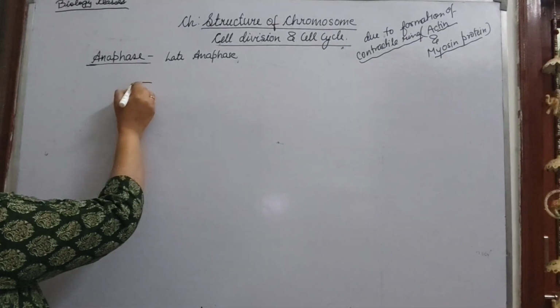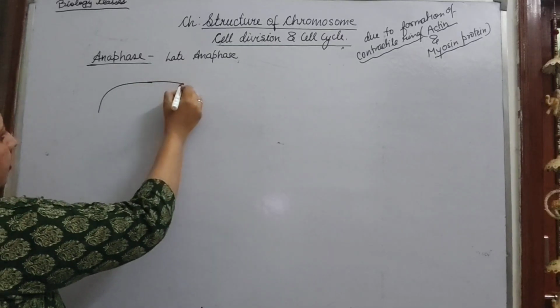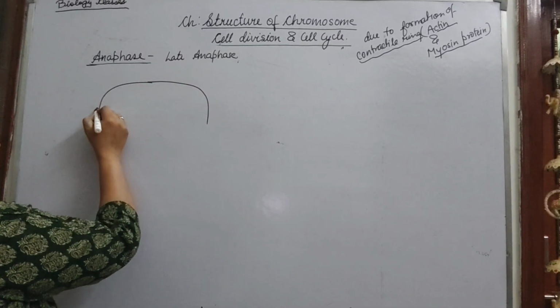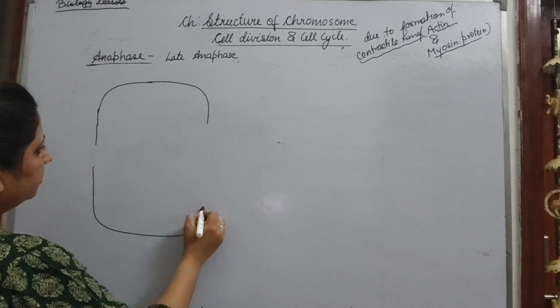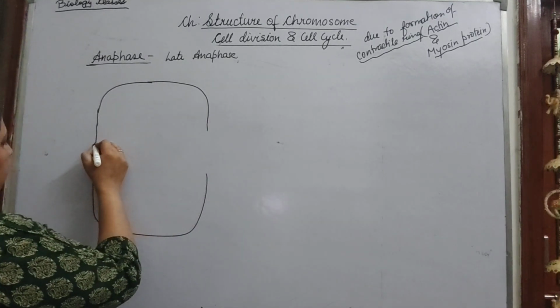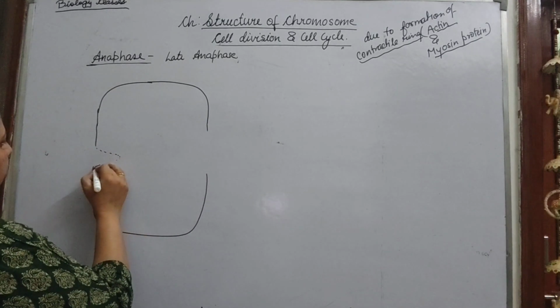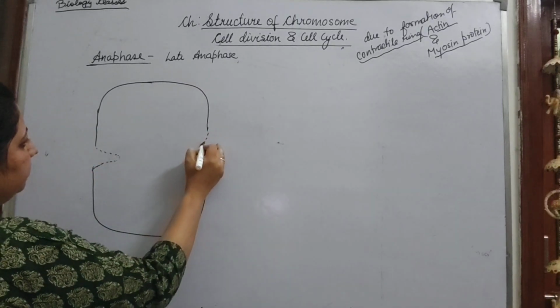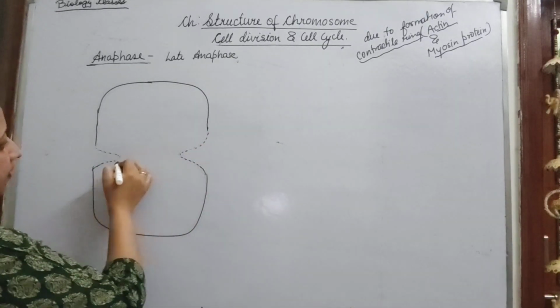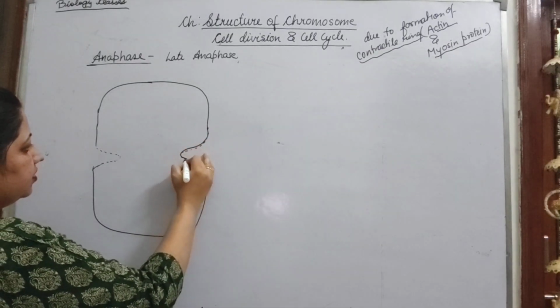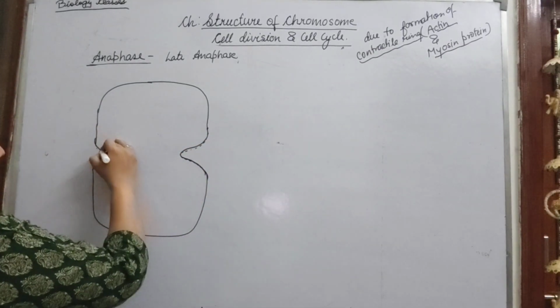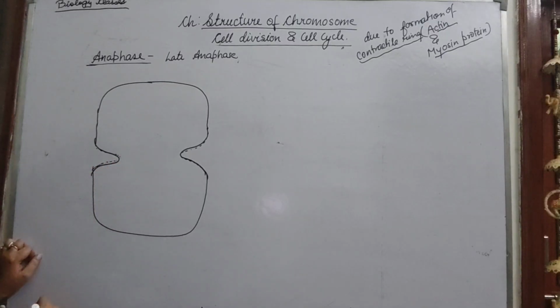Now this is the cell membrane, and if we talk about the cleavage furrow, this cleavage becomes more deeper from periphery to center. So the cleavage furrow becomes more deeper in the late anaphase.